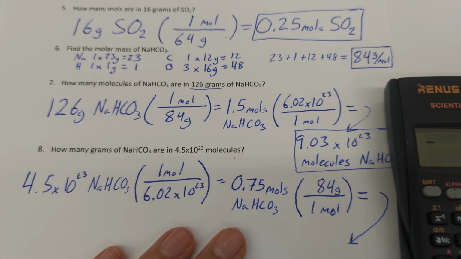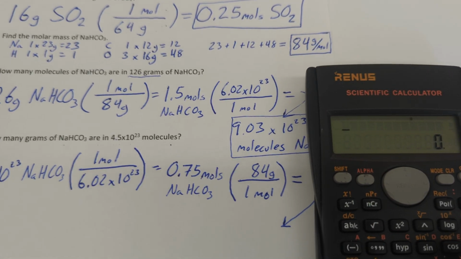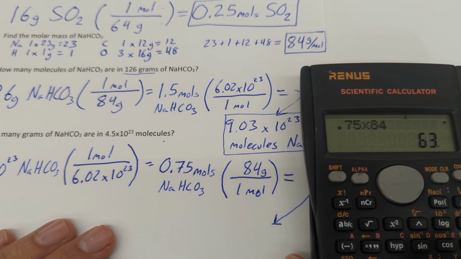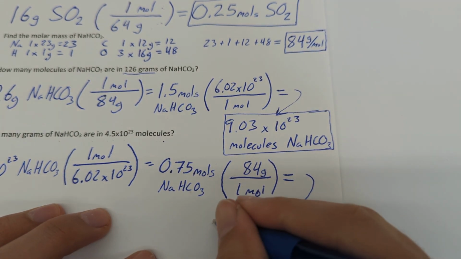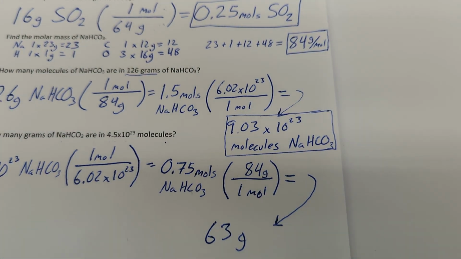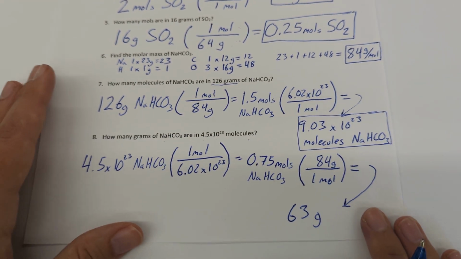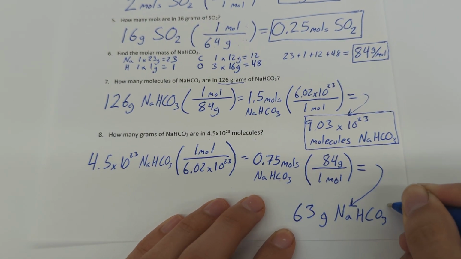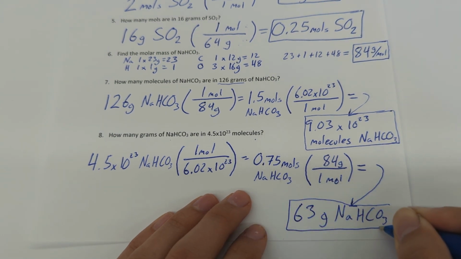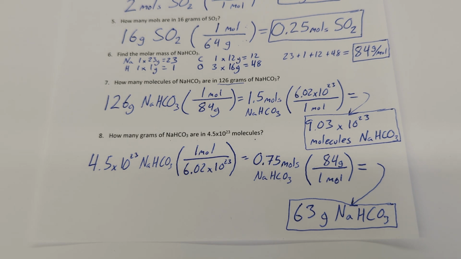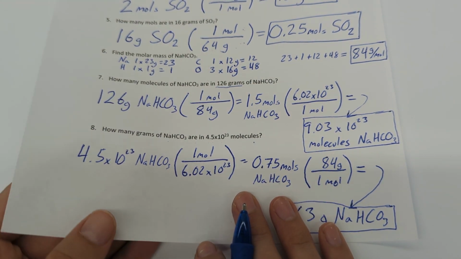So we could plug this in our calculator. 0.75 times 84 is equal to about 63 grams. 63 grams NaHCO3. So I think most students find those last two questions, 7 and 8, probably the most difficult. On the back, we got a couple more questions to go over.